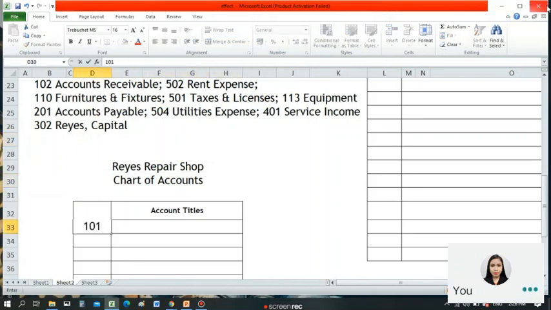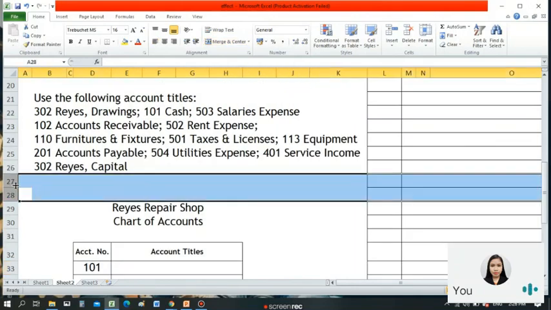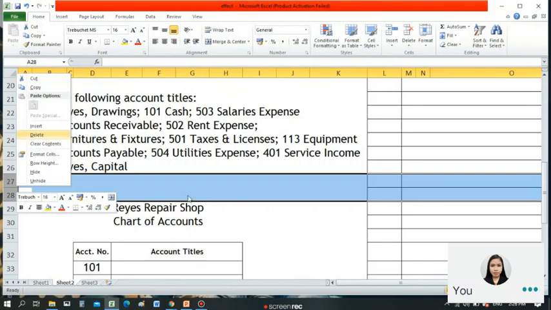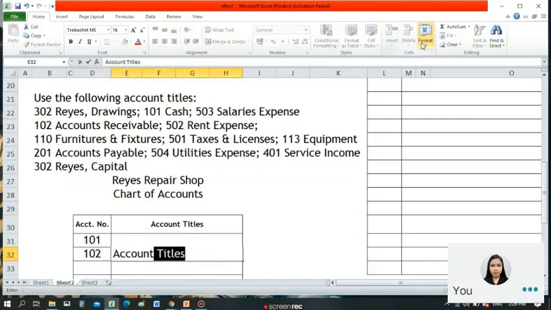So we have the cash, 101. So in writing the account titles, the first letter in the word must be capital. And then don't write it in the center. Kailangan pantay-pantay siya dito. After that is the 102 accounts receivable. Talasan nyo yung mata nyo para hindi kayo magkamali.